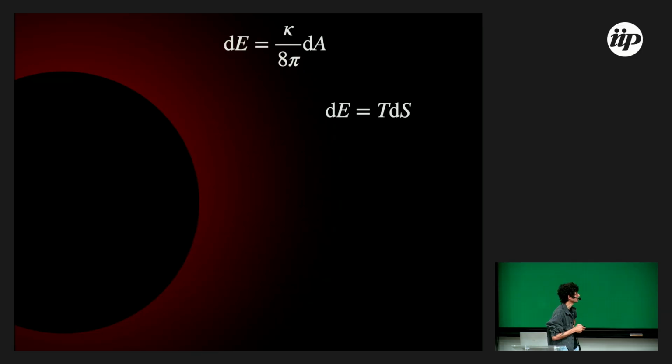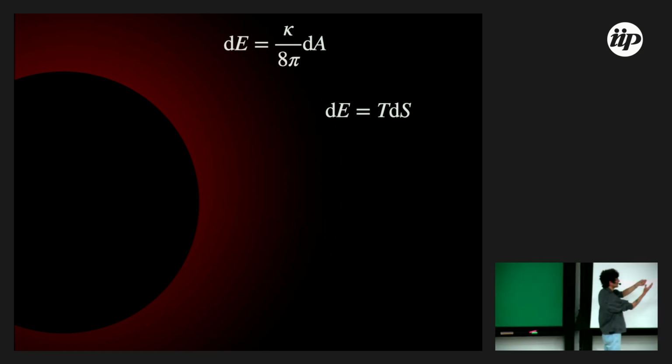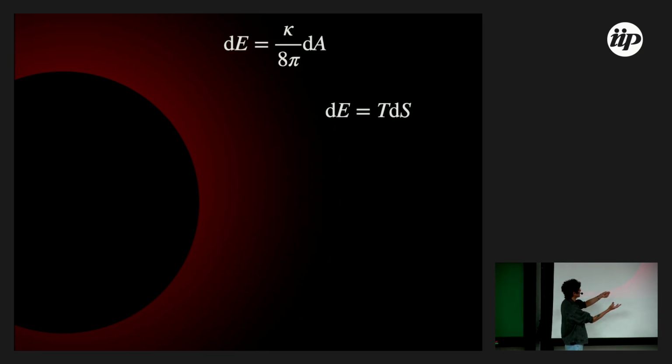Why should you call the area an entropy? Because if you take a kettle of boiling water and go near the black hole, the boiling water has entropy. And if you let it fall inside the black hole, the entropy disappears. And the only thing that happens to the black hole classically is that it increases this area.